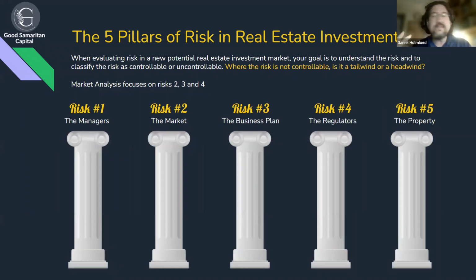The second area is the market. Now, this is where it starts to become a little more interesting, because as a manager of properties, when I categorize risk, there are risks that are controllable and risks that are uncontrollable. And the market is one of those risks that is not controllable.